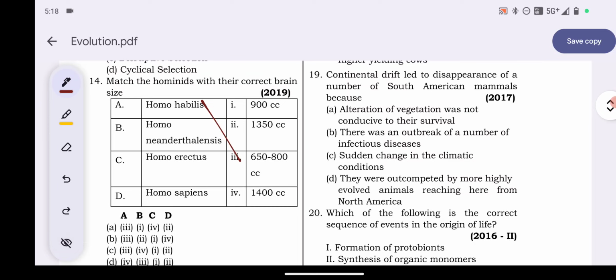Okay, next to homo neanderthalensis, it connected to option number 4, 1400 cc. Homo erectus, it connected to option 1, 900 cc, and Homo sapiens, it connected to 1350 cc. So this will be the answer. So here 3rd, 4, 1 and 2, 3, 4, 1, 2, option C आपका आंसर होगा.